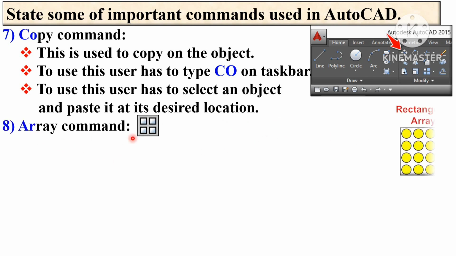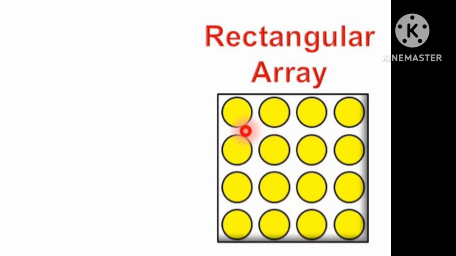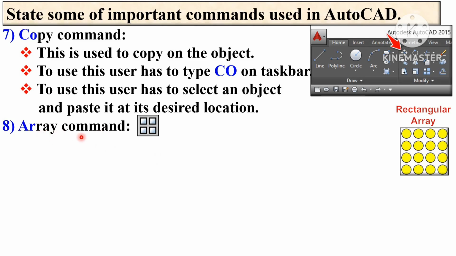Next, the array command. This is the symbol for the array command. If you want to draw an array pattern like this, at that time you can use this array command. If I want to draw circles with a specified pattern like a number of rows and number of columns, that is called an array. At that time I can use this array command.